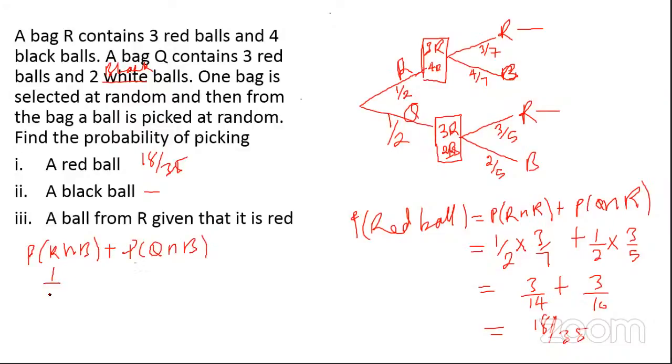So this would be a half times the black on the first one R, which is 4 over 7, then plus a half of the probability of black, which is 2 over 5.